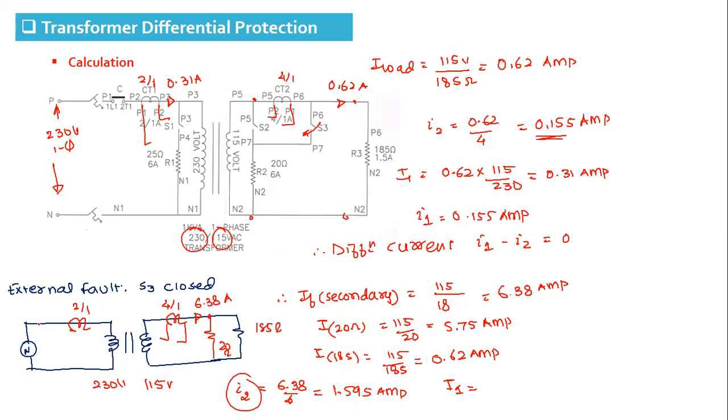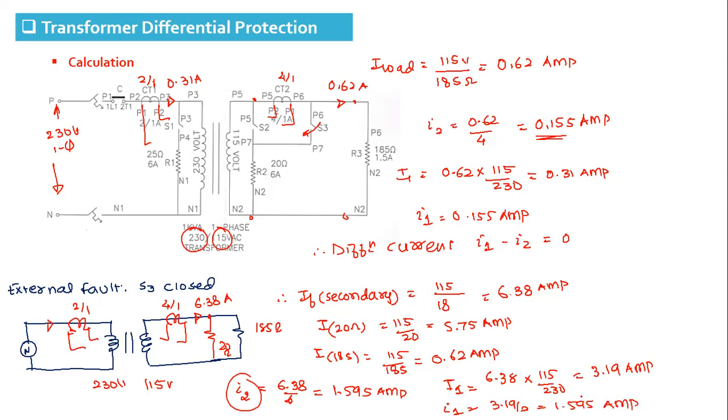So the current on this side is 6.38 into the transformation ratio, 115 by 230. So 6.38 divided by 2, 3.19, and therefore I1, small I1 on the secondary side of CT1, is 3.19 divided by 2, that comes 1.595 ampere.